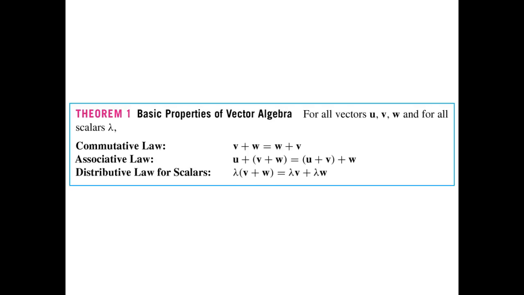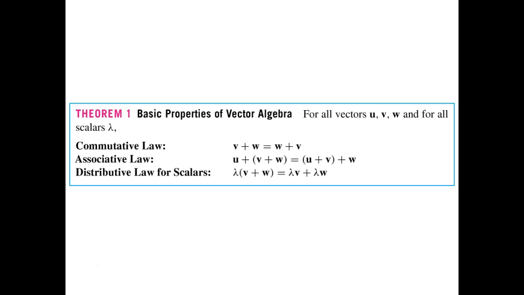Leave that alone. Then the commutative law is, for any 2 vectors of same dimensions, V plus W is the same as W plus V. Think about adding by components. Numbers are commutative.